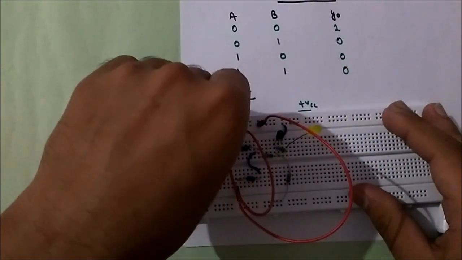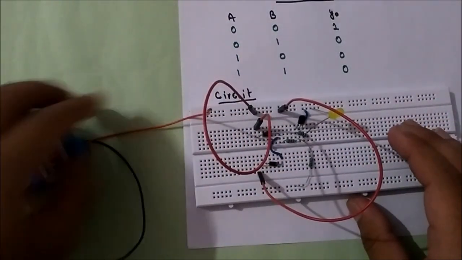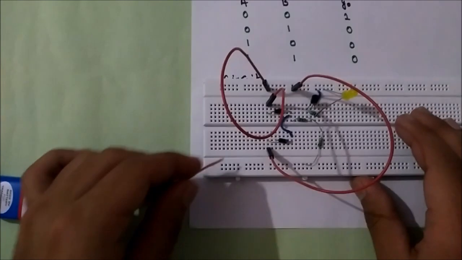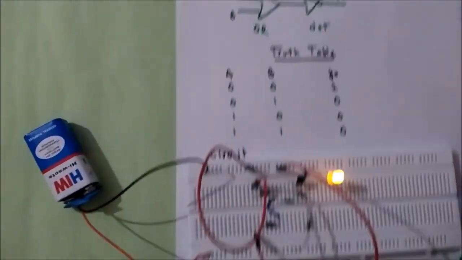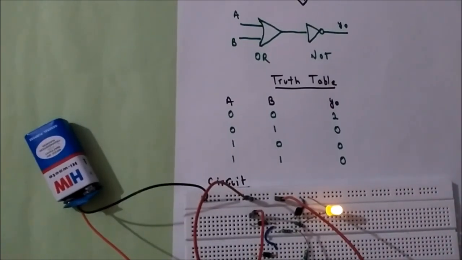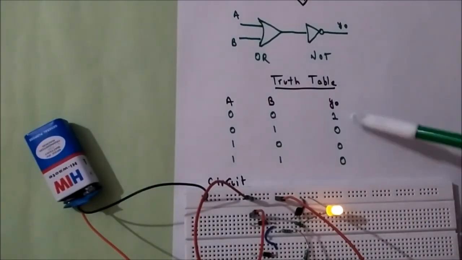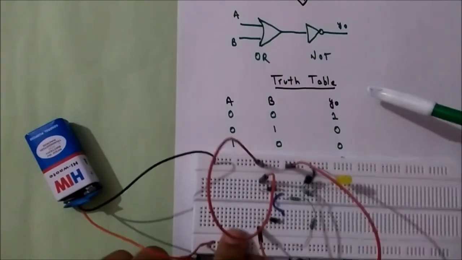That means to the negative terminal of the battery. Now since I have a 9 volt battery, I'll connect its positive terminal here. So for a NOR gate, if I give 0 0 input, I should get 1 output.